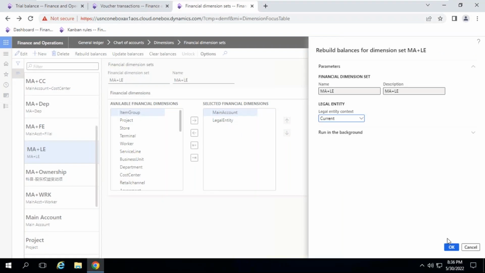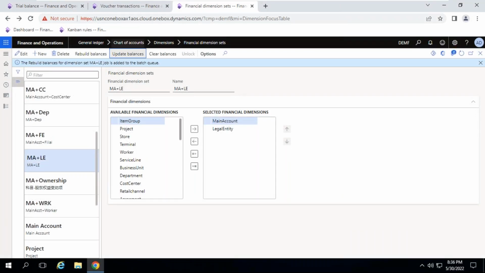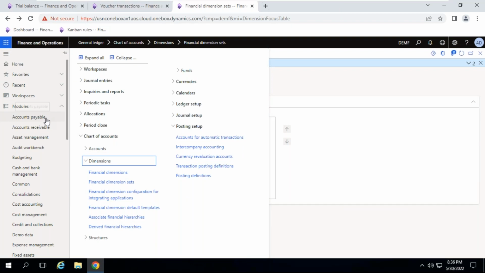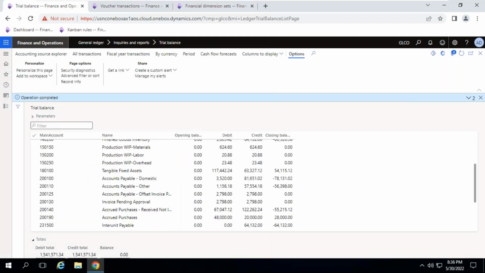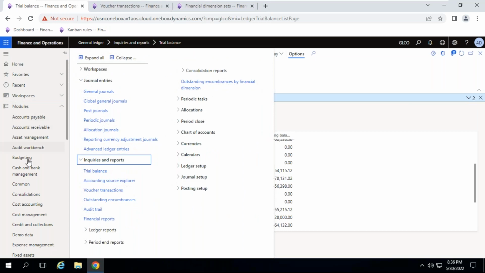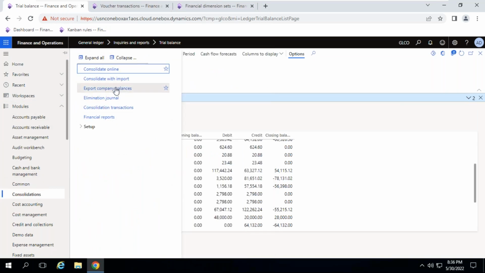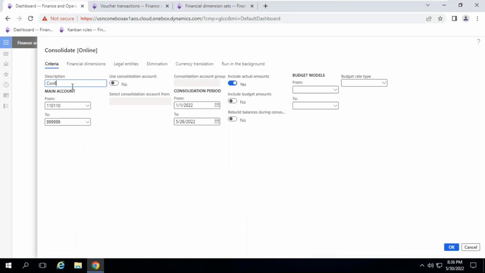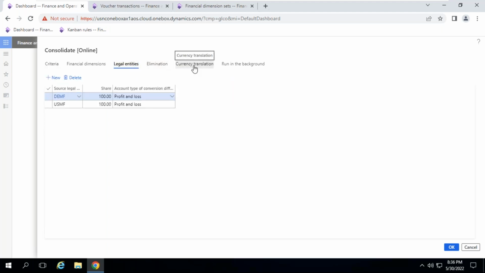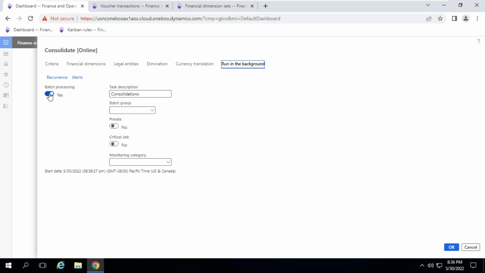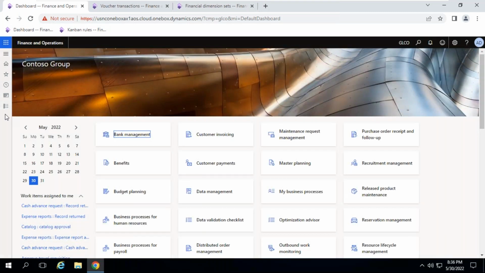Okay, let me execute. That is not depending on the financial dimension set, but let me see.